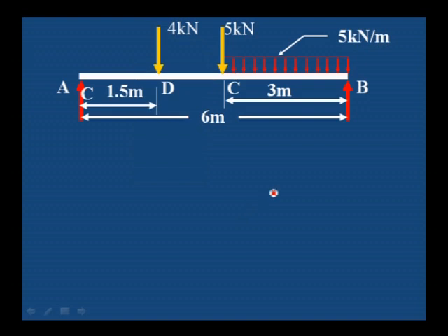What we have to do first for a simply supported beam is calculate the reactions at A and B. To calculate the reactions, we have to take the moment about A or moment about B, and then upward forces equal downward forces. We will get RA and RB.